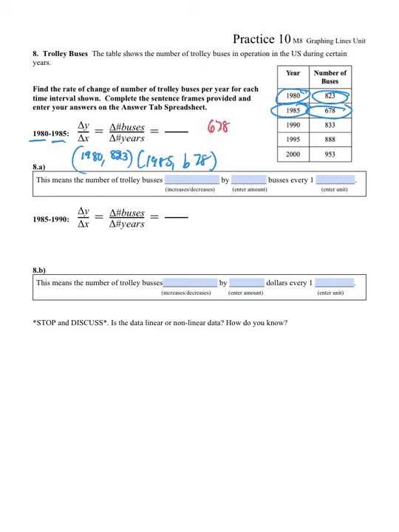But let's use our subtraction fraction and subtract 1985 minus 1980. So the bottom will be 5. And then you can either do it on the side or you can use a calculator to compute these numbers.